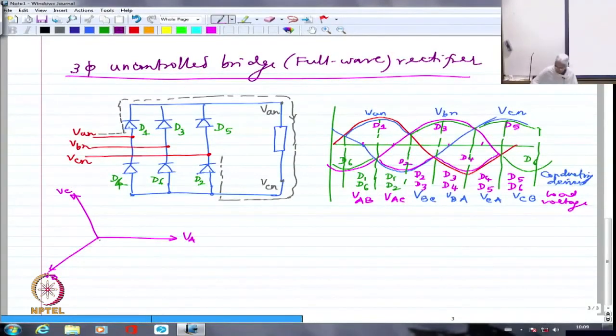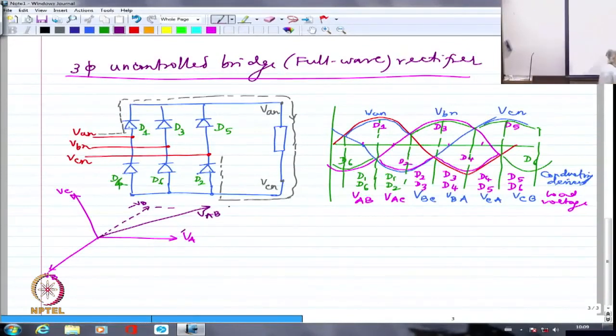VA and minus VB added together give me this as VAB.